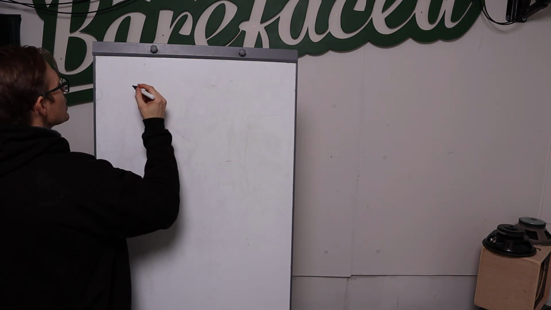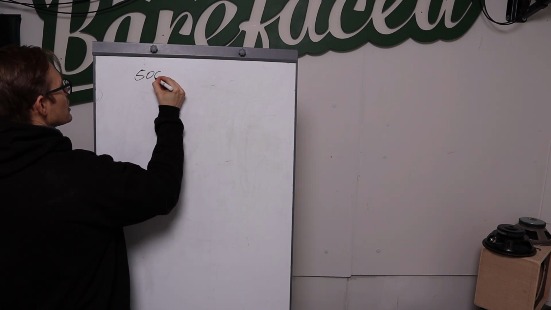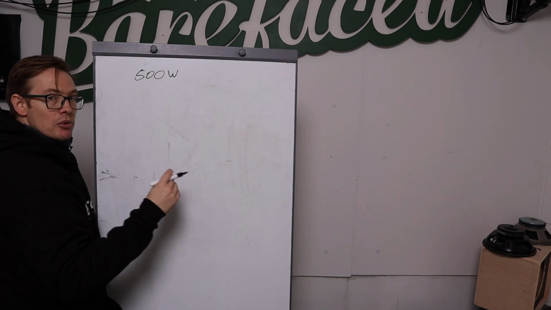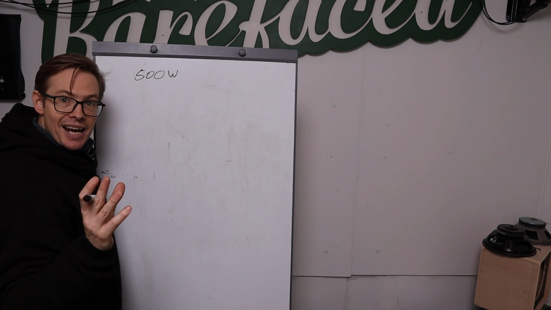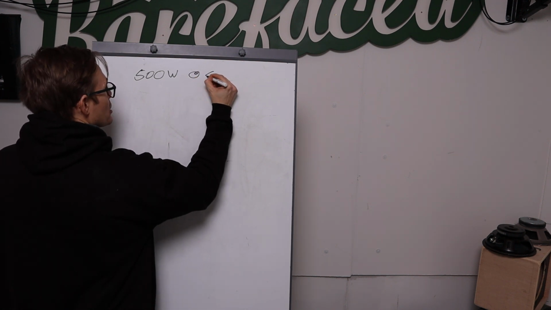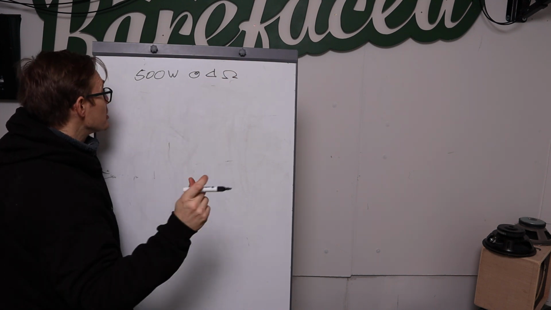So a typical amp, maybe say a 500 watt amp. When they say 500 watts, that will usually be the power at its minimum load or around its minimum load. So it's usually 500 watts at 4 ohm impedance, not ohmage.